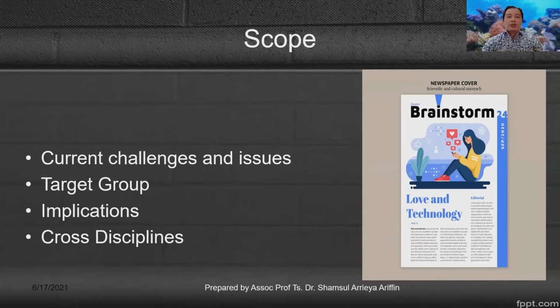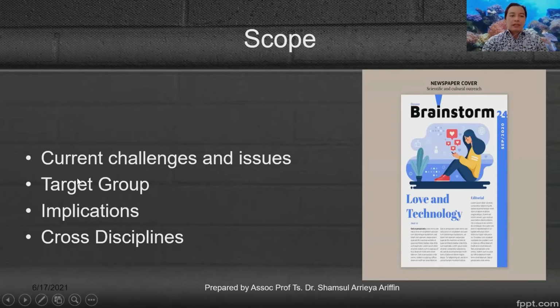Also in the scope, you can refer to the current challenges and issues of these particular technologies. If you are involved in software development, or in managing people, or managing health issues, you can see what the current challenges and issues are, and you need to focus on those challenges and issues.